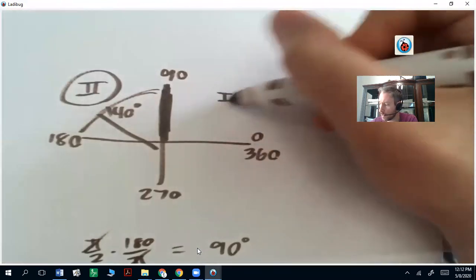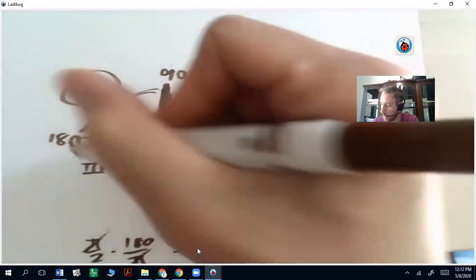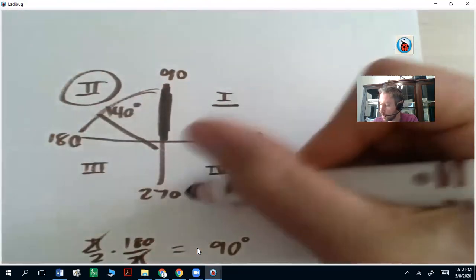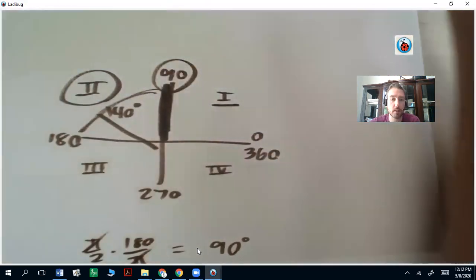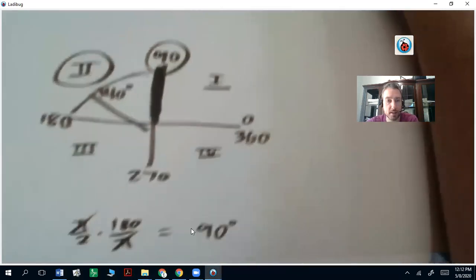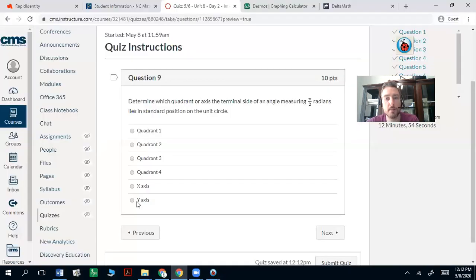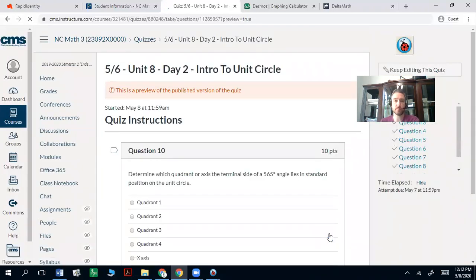Quadrant 1 is between 0 and 90. Quadrant 3 is between 180 and 270. Quadrant 4 is between 270 and 360. But what if it's on the actual axis? Well, we have a solution for that. What axis is that? That is not the x-axis, but it's the y-axis. And that leads us to the last question.